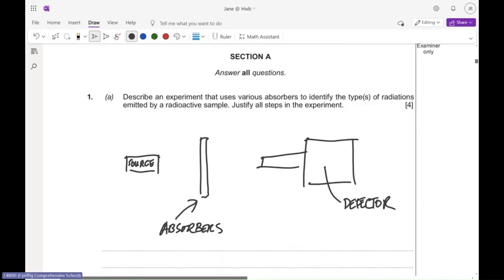And then if we put our source in front of that aluminium and we see a reduction in the count rate, then we'd know that we were dealing with a beta source. However, if we still saw after that that our count rate was a little bit higher than our background radiation, it would mean that gamma radiation is also present.